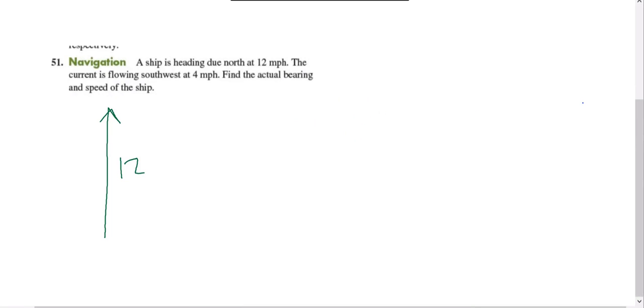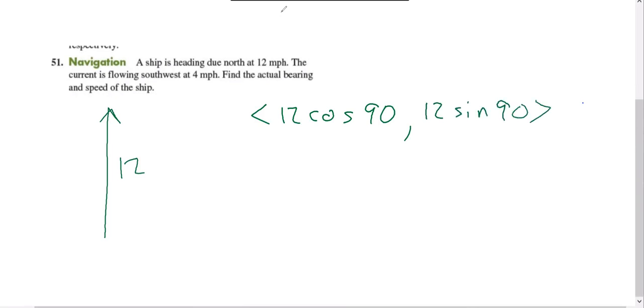Now, we can use so like, 12 cosine 0, or 12 cosine 90, and 12 sine 90. Now, actually, I think that is going to be 0, 12. Yeah, okay. That makes sense.